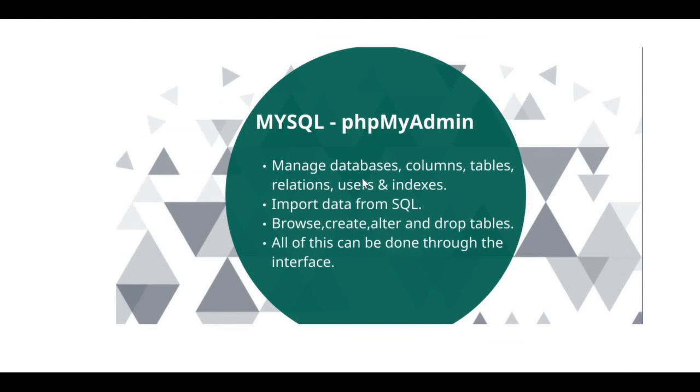So PHP MyAdmin, we can manage databases, columns, tables, relations, users, and indexes. And I'll actually be going through that once we get to the creating a database part. So I'll go through how you can actually create, delete, update databases, tables, even columns. You can edit them. You can add in primary keys to your tables.